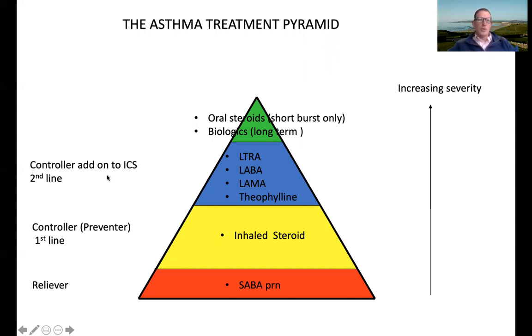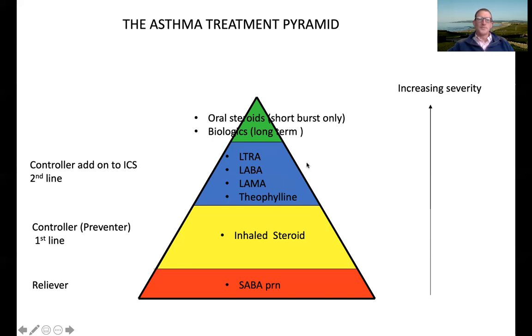If they're not controlled on an optimized dose of inhaled steroid, then we can add in a second-line controller, and that can either be a long-acting bronchodilator, like a long-acting beta agonist, LABA, or a long-acting muscarinic antagonist, LAMA, or both, in a triple inhaler. Or we can add in a second-line anti-inflammatory, like a leukotriene receptor antagonist or theophylline, and we'll go into those in more detail.